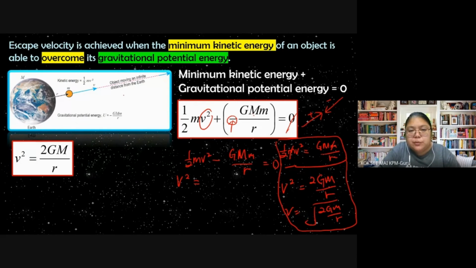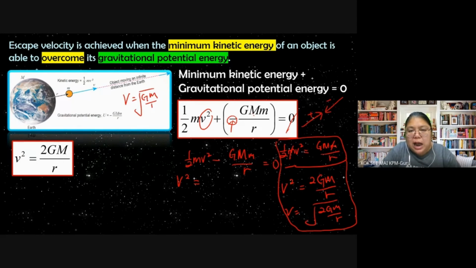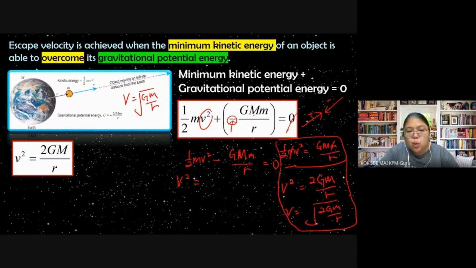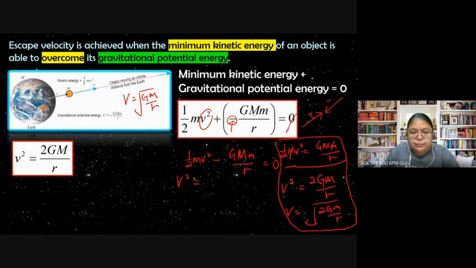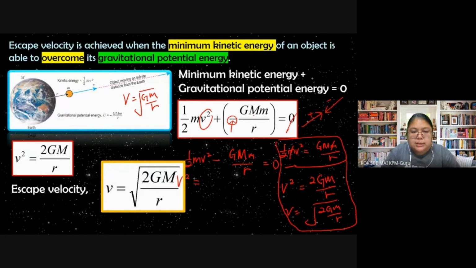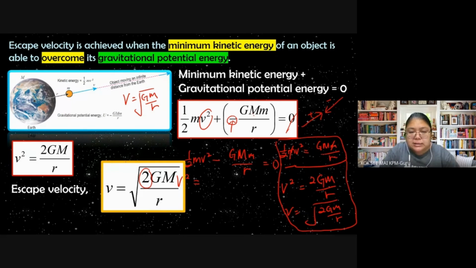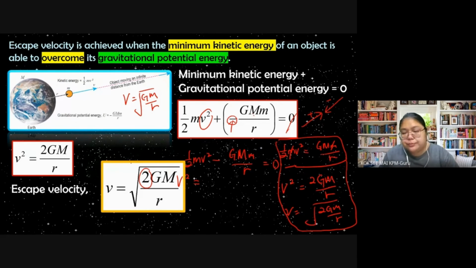Normal linear speed we just learned is square root of GM over r. The escape velocity has just an extra 2, because from the kinetic energy they get the 2, because of the half. So this is the escape velocity formula.